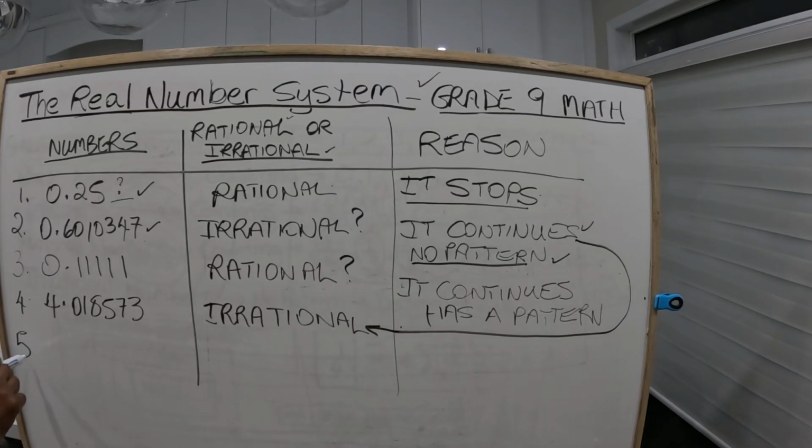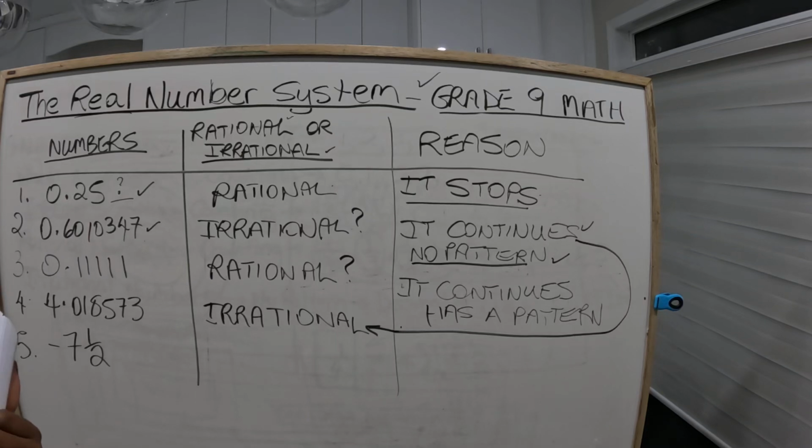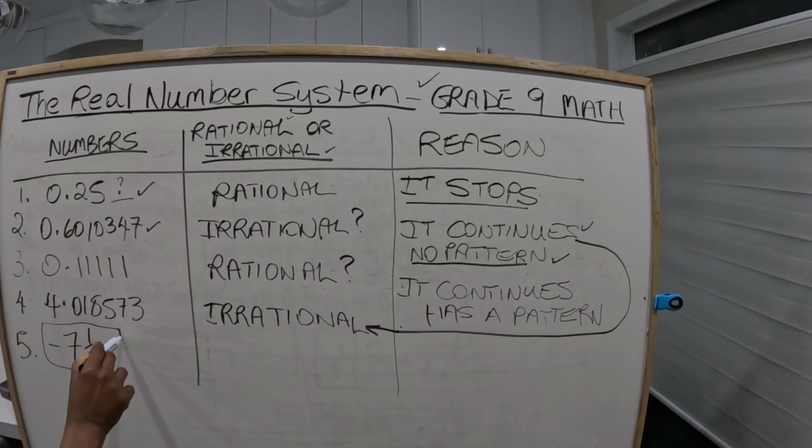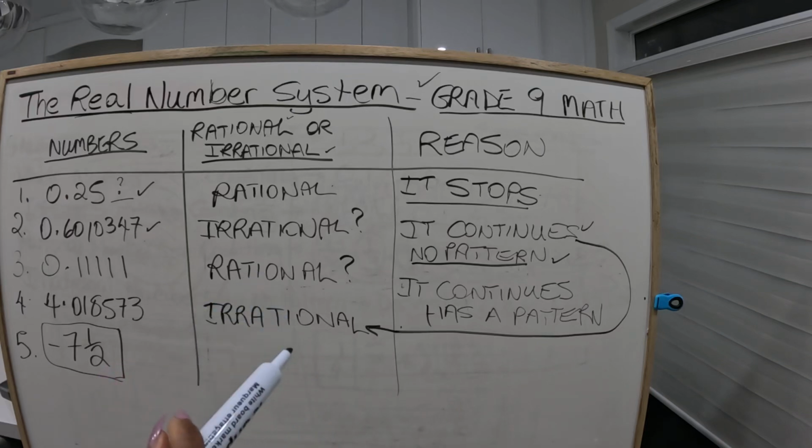Number 5. -7.5. So let's figure out what this is. This is a fraction, right? And we said fractions are integers, and integers would likely, well, it's not an integer, sorry, because integers are whole numbers, but rational numbers are numbers that can be written as a fraction.